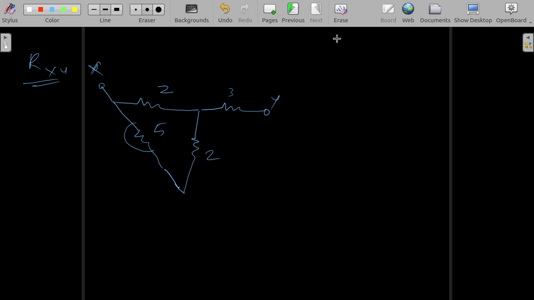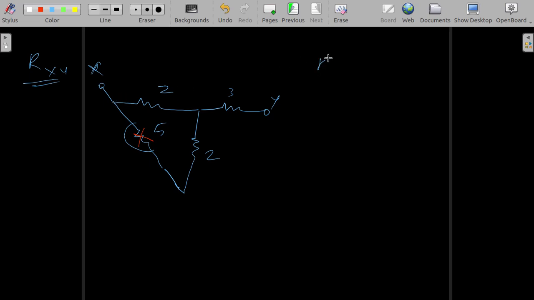So what does this mean? This means that it is a short circuit. When the current comes here, it has a 0 resistance path through here, so it won't take the 5, it will just eliminate the 5. So this will be a 0 resistance path, that means this point is this point.